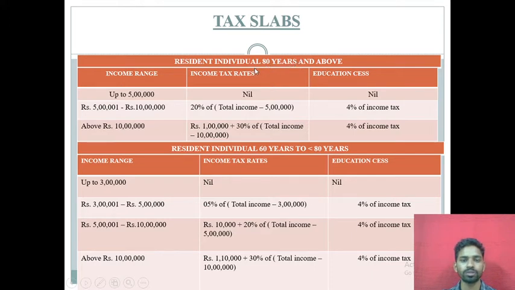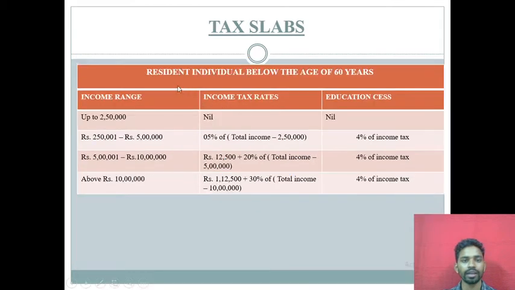Those persons who cross 80 years have a separate tax slab rate. The second category is resident individual 60 years to less than 80 years, in between 60 and 80. For whatever income they earn, different slab rates apply. Next is resident individual below the age of 60 years. For persons less than 60 years, the slab rates are different.